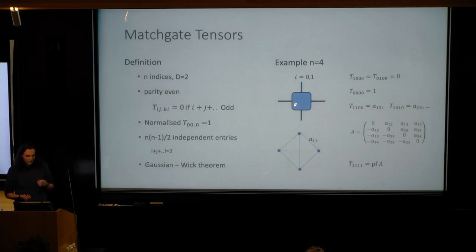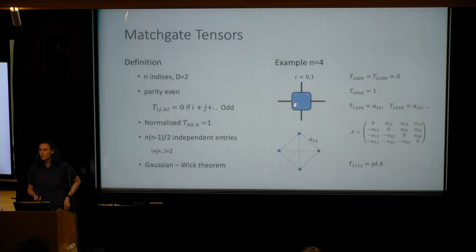And now the main property of the match-gate tensor is that instead of specifying 2 to the n different entries, which you would normally have for a general tensor with n indices, you only have n choose 2 independent entries. And they can be identified with the edge weights of this subgraph that I was talking about in the previous slide.